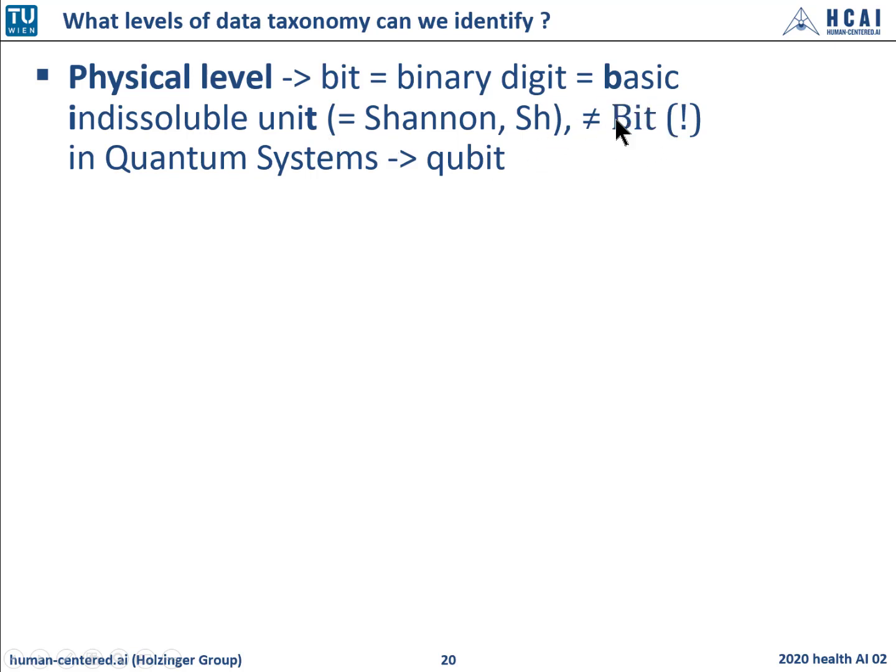And this is not equivalent to a bit with the capital letter. And in quantum systems we are talking about a qubit, for example. So regardless of these physical realizations, for example, with voltage or with the mechanical state or black and white, it is always logically 0 or 1.